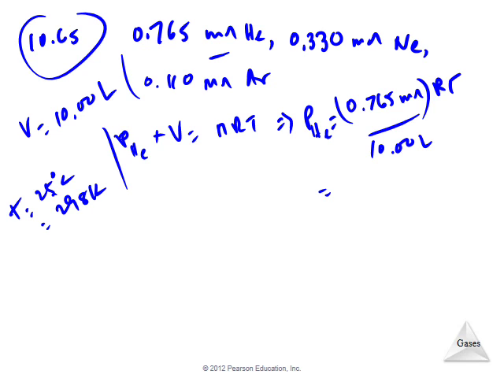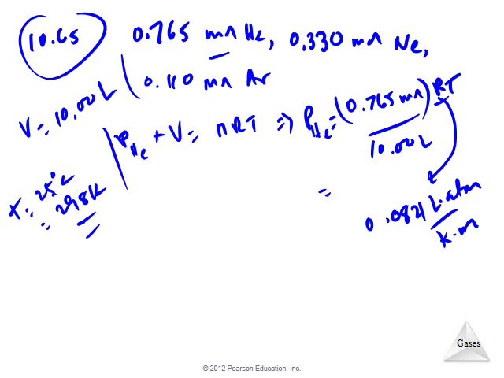So make sure you do this math, plug in these values. R is 0.0821 liter atmosphere per Kelvin per mole, and temperature we already mentioned is 298 Kelvin. Make sure you plug that in and then get the partial pressure due to helium.